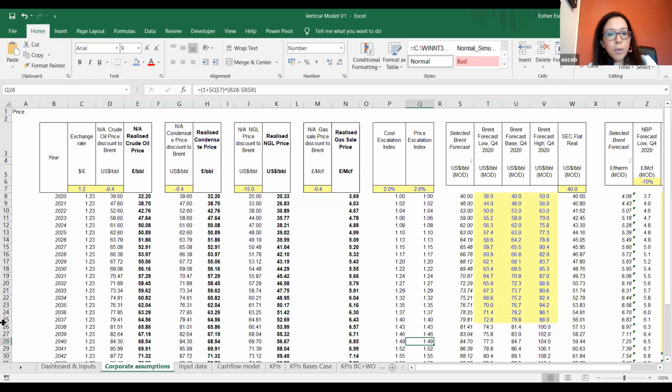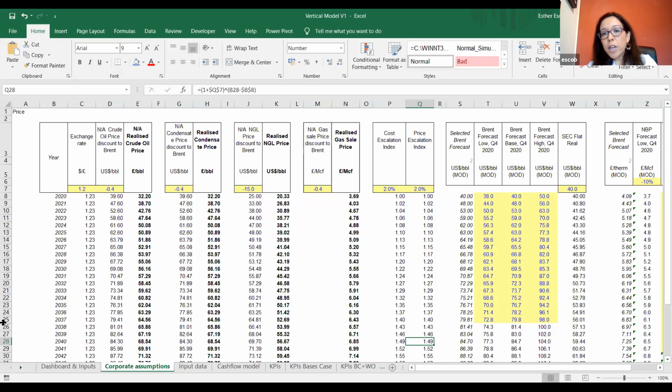Usually, the corporate assumptions are related with the price and also inflation, because we apply inflation to our costs, and it also depends on how we treat prices. We have to bring here the most accurate information that we have for prices, okay?